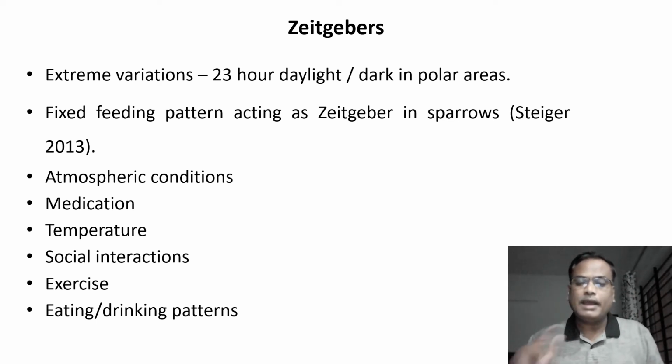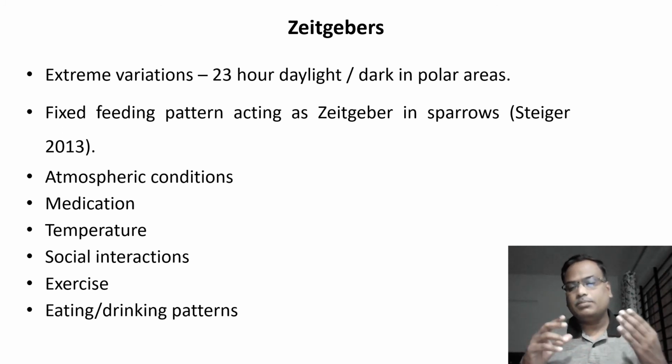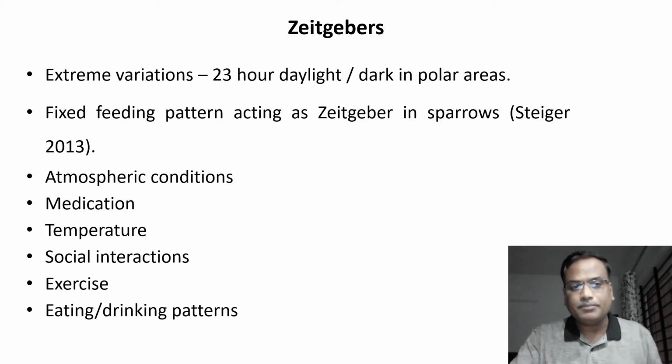It must not be active 24 hours, it must be sleeping. I'm talking about the polar areas, where the place has 6 months of continuous daytime. So extreme conditions will definitely affect.